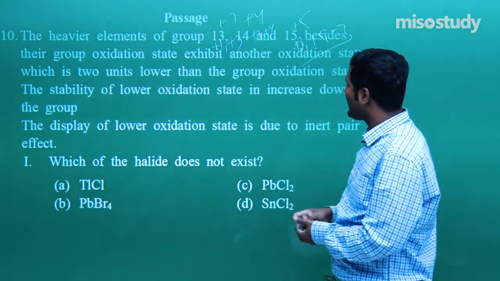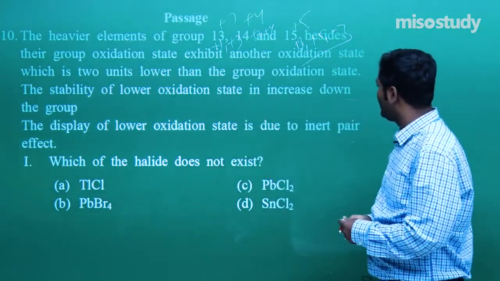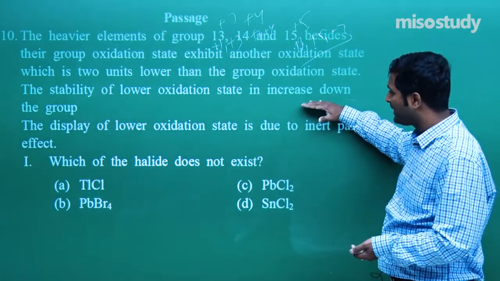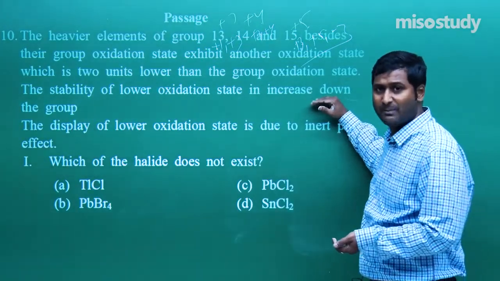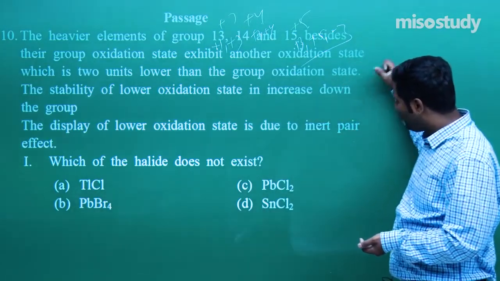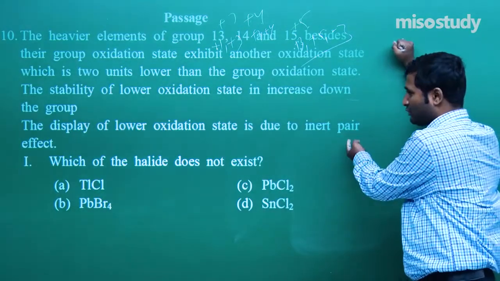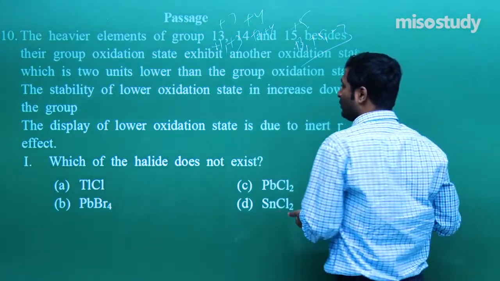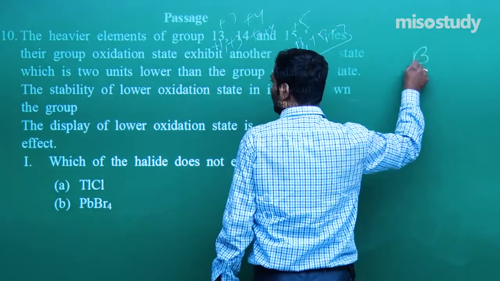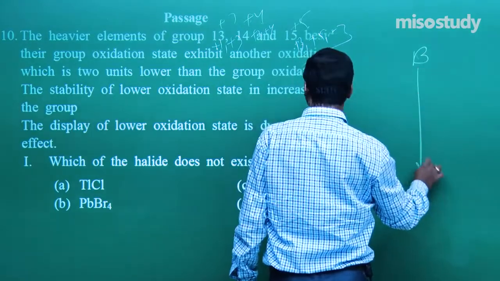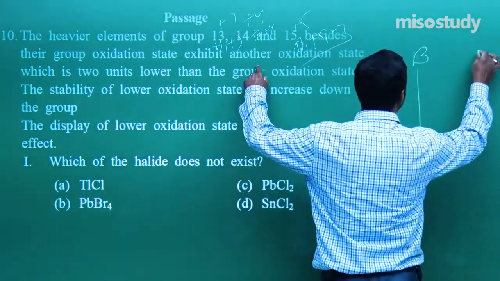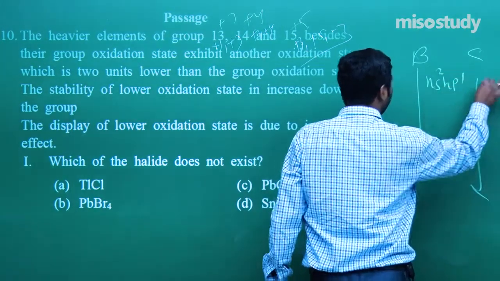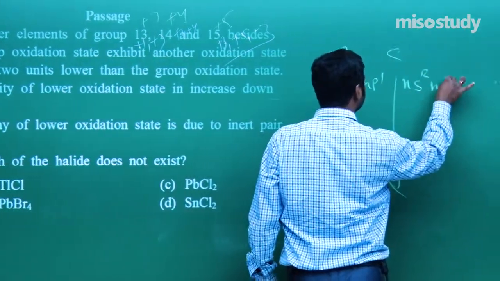The stability of the lower oxidation state increases down the group. Okay, why? This is due to the inert pair effect, as I've discussed during my lecture session. The display of the lower oxidation state is due to inert pair effect. If I talk about group 13, that is from boron, and if I talk about group 14, carbon, down the group, the electronic configuration is ns2 np1 here, and here the electronic configuration is ns2 np2.